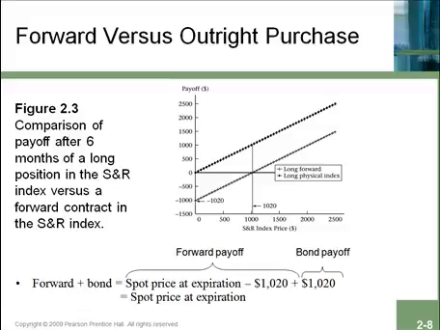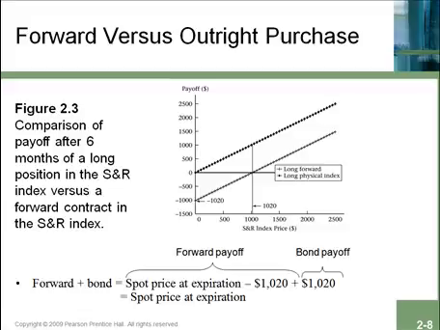So what we're going to do is, in addition to the forward contract, we're going to invest $1,000 today into a risk-free bond that will pay off an effective rate of 2% over a 6-month time period. 2% of $1,000 is, of course, $20, and so the bond payoff at the end of the period is guaranteed to be $1,020.